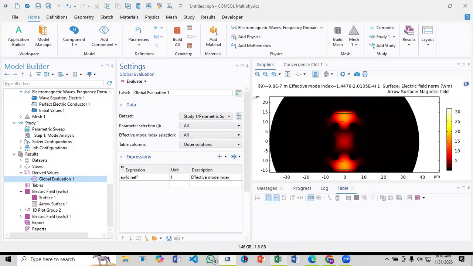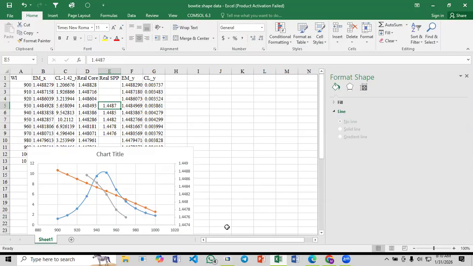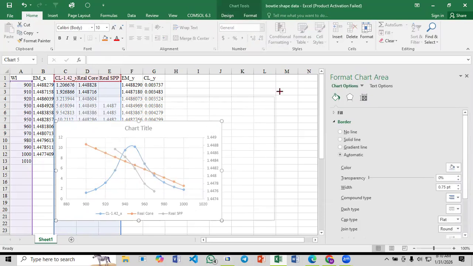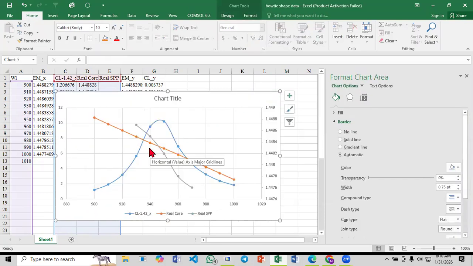From this, what is the purpose of this graph? Here you can see this curve. Here we are saying that 950 is the resonance wavelength, but no, 950 is not the resonance wavelength.